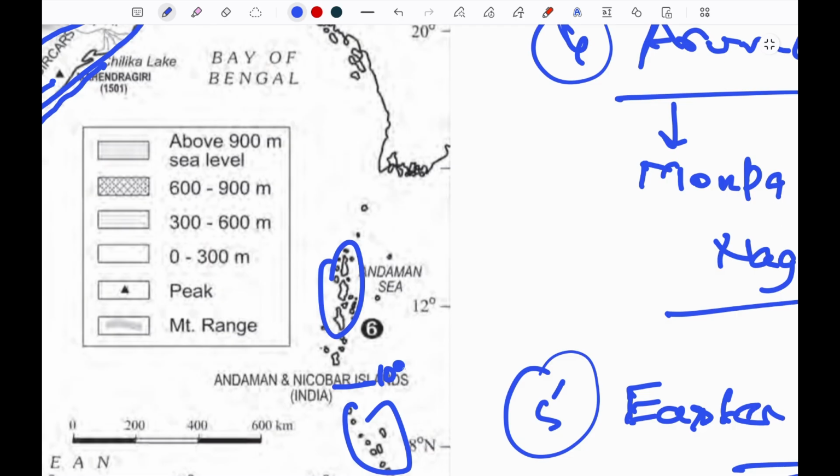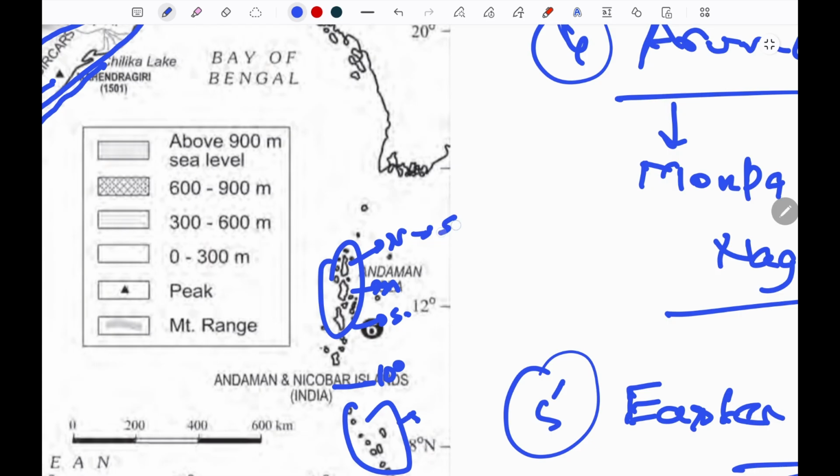Some are volcanic in origin, that is the only active volcano of India, Barren Island, is also present there near the Nicobar Islands. Now Andaman Island is also divided into various parts, that is North Andaman, Middle Andaman, South Andaman. Now remember some highest peaks of these regions.